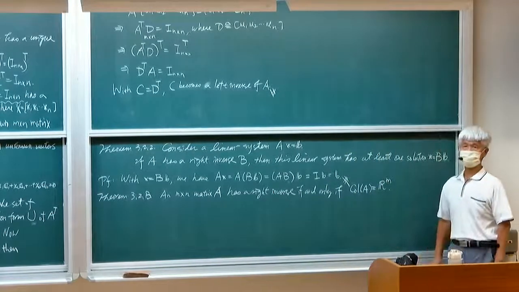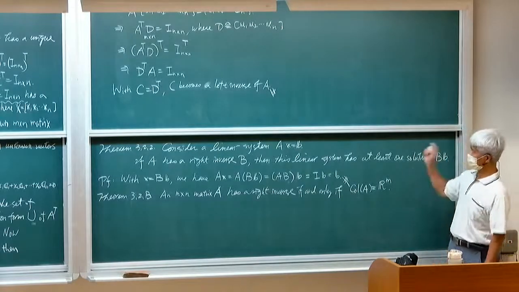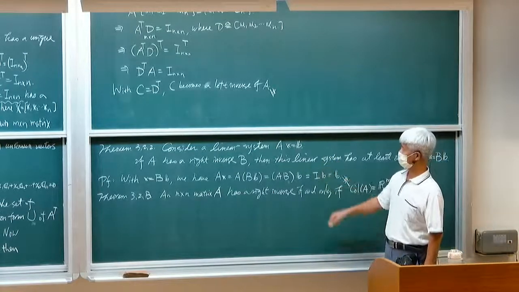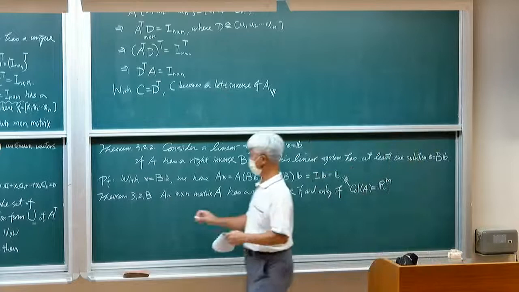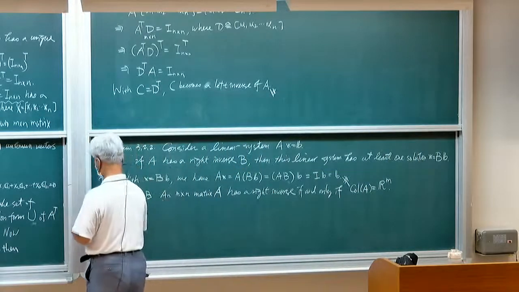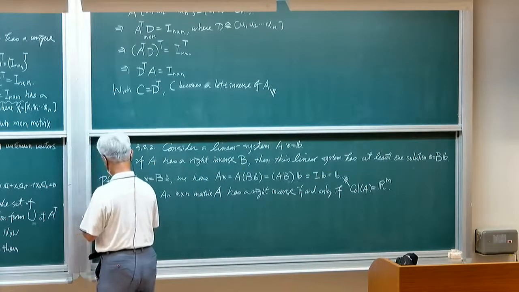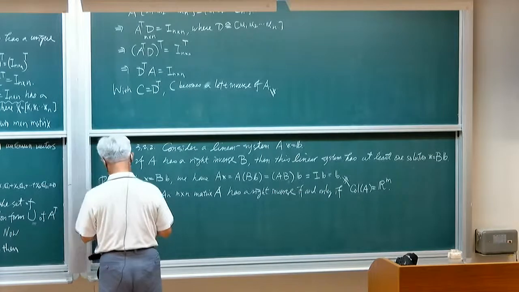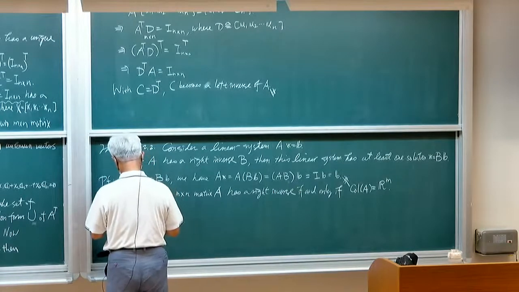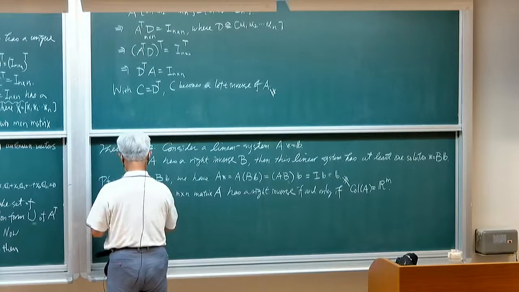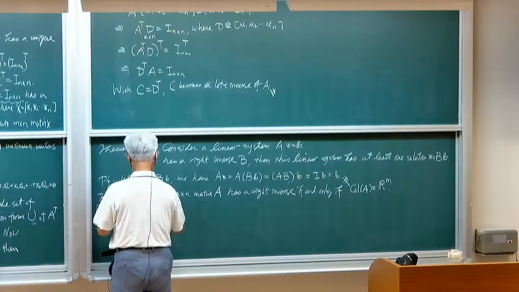Why? The proof of the forward part is quite simple. So let b be in Rm.